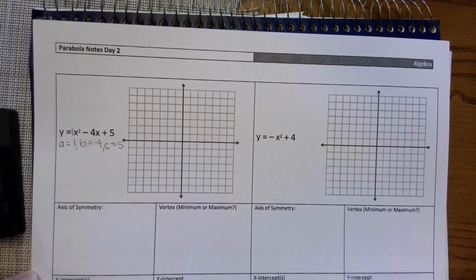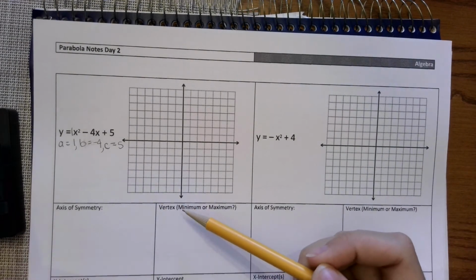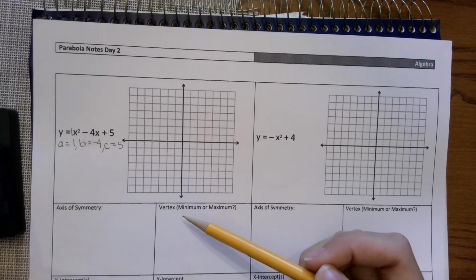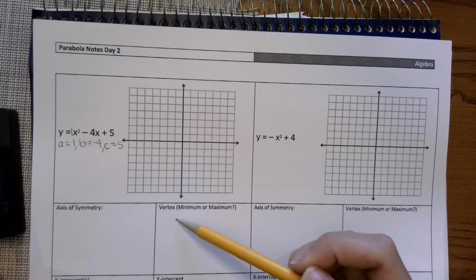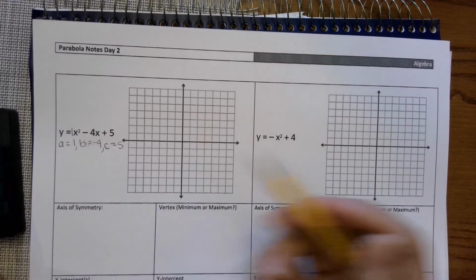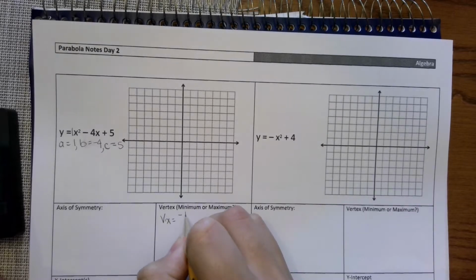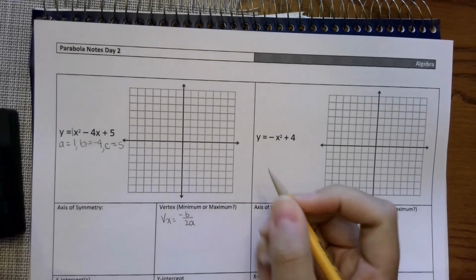Okay, so we talked about how the axis of symmetry is that vertical line that contains the vertex. And we talked about how when you find the x-coordinate of the vertex, in other words, you're finding the axis of symmetry. So for either one, you're finding the opposite of b over 2a.